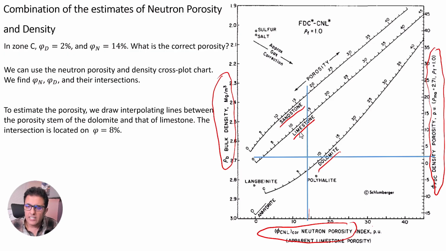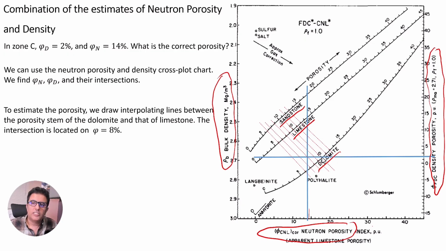And now you may ask me how we estimate the porosity. In order to estimate the porosity, what we need to do is interpolate between these two stems. So we have the limestone stem and the dolomite stem. We interpolate by some lines between them, and from these lines we can read the correct porosity.